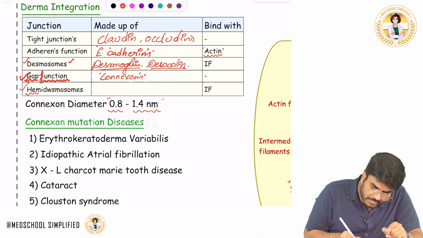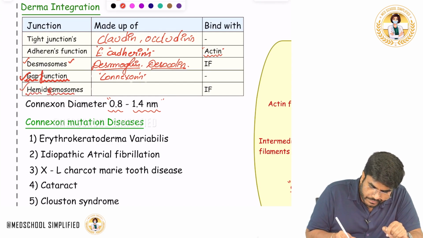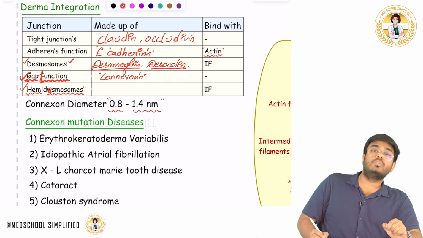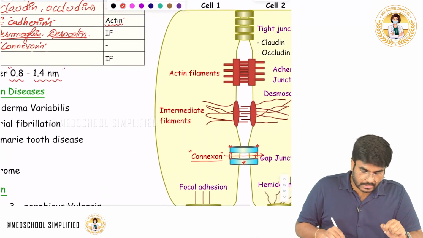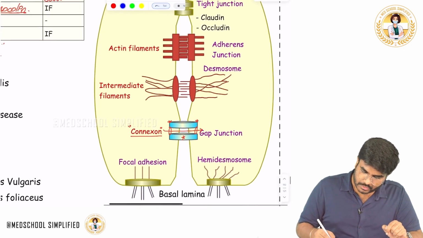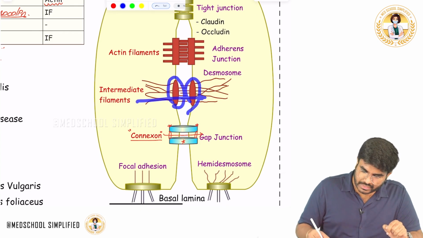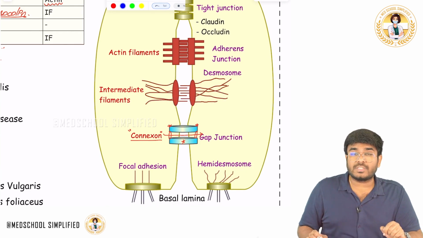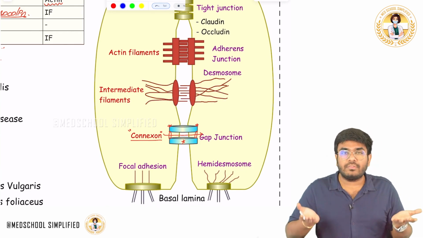Next, hemidesmosomes. Guys, you know what desmosomes are? Look here. These are your desmosomes, which attach one cell with the other cell. But our cells are lying on basement membranes. Our cells are not simply floating, right?